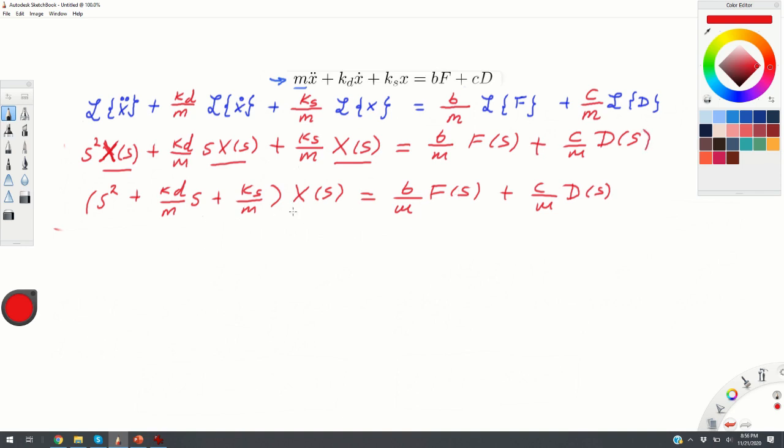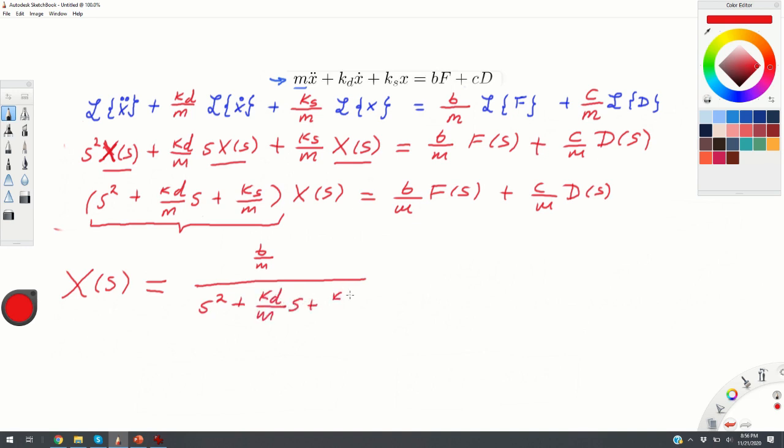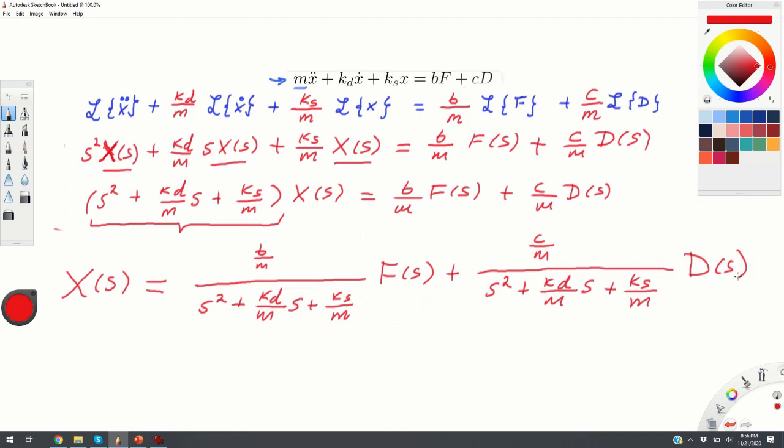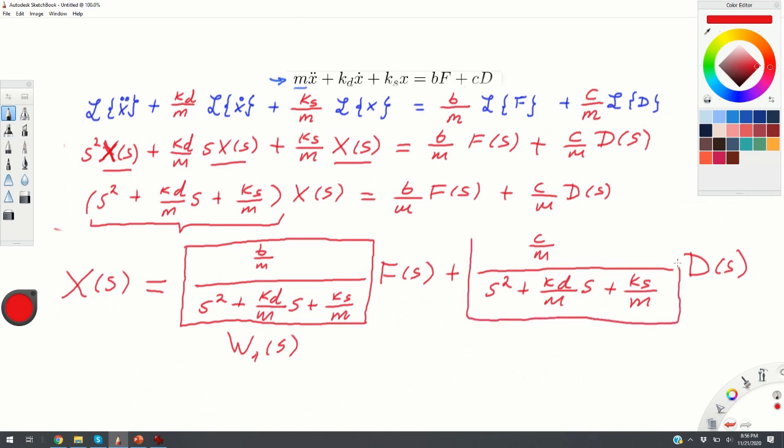Okay, now if we divide both sides of this equation by this term, we will obtain... this function is nothing less than our w1 of s, and this function is nothing less than w2 of s.